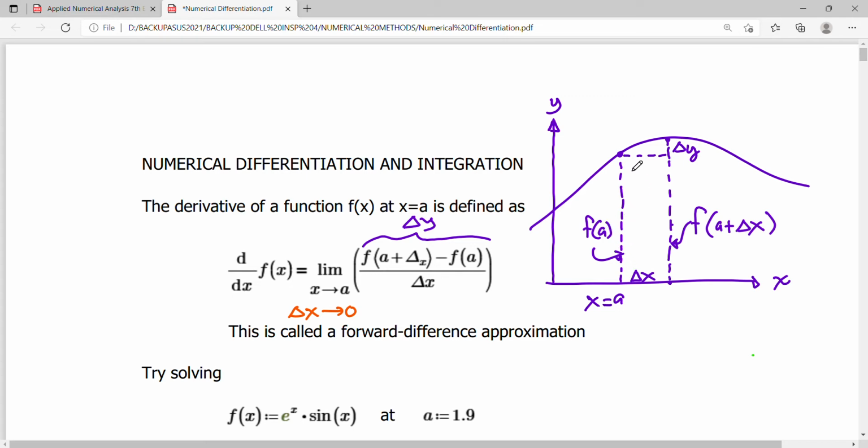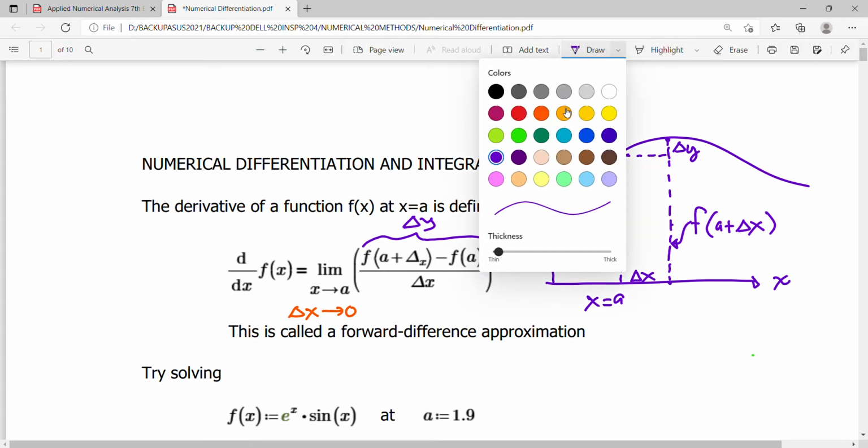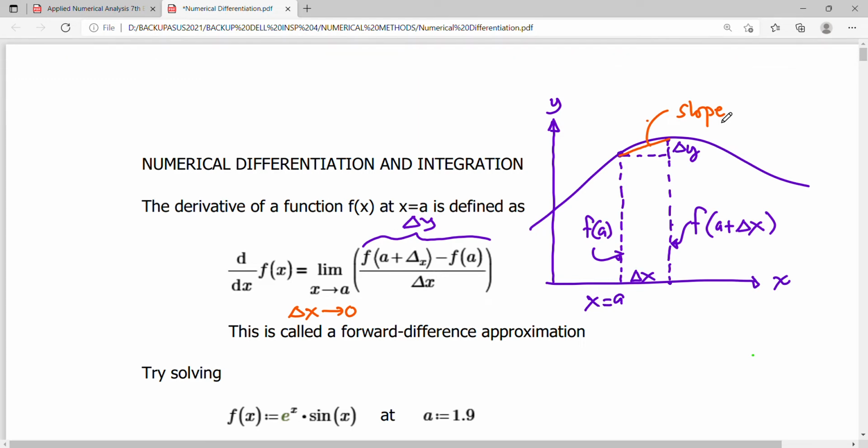Then you are actually simply looking at the slope of a line that is connecting these 2 points here. Okay, so you have now this slope. Okay, that's why derivatives are defined sometimes as the slope, the gradient, the rate of change, etc.